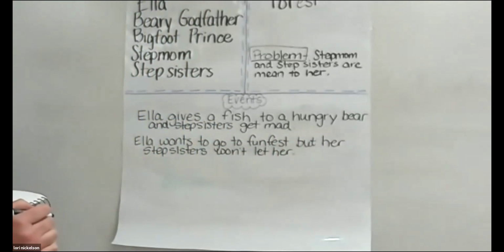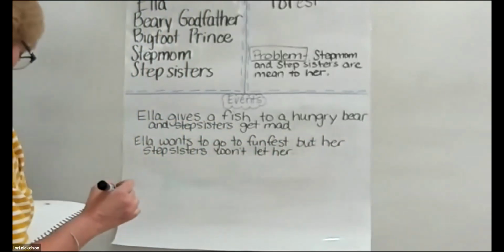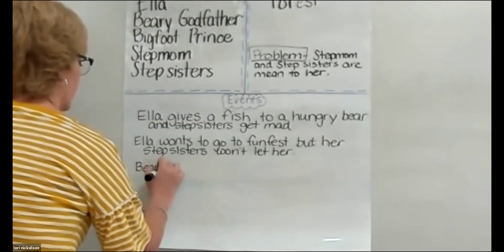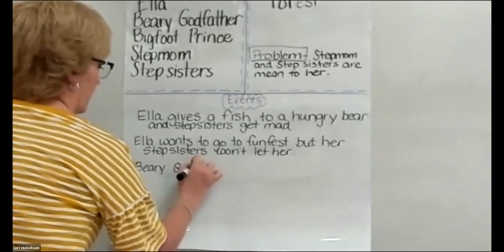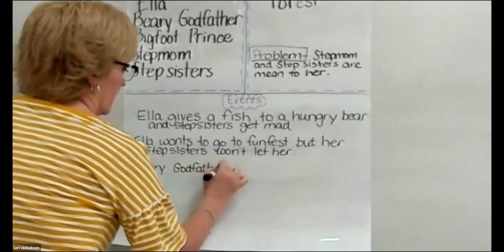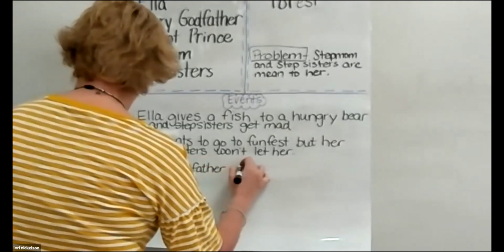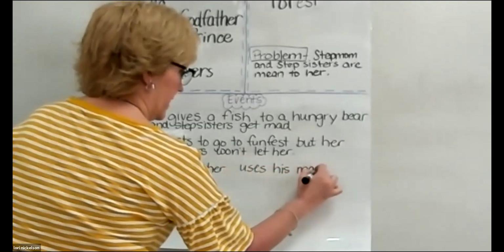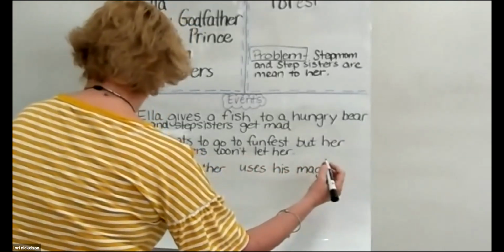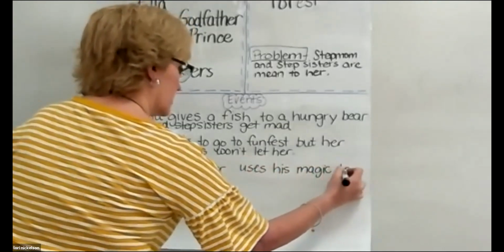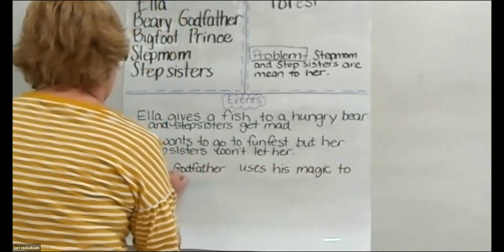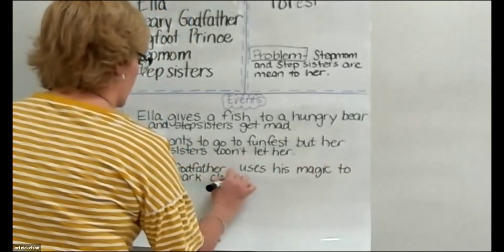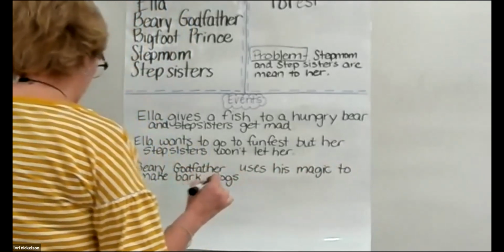The berry godfather, right? And he uses his magic. So the berry godfather uses his magic to make bark clogs for Ella to wear.